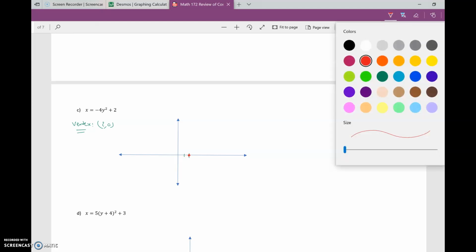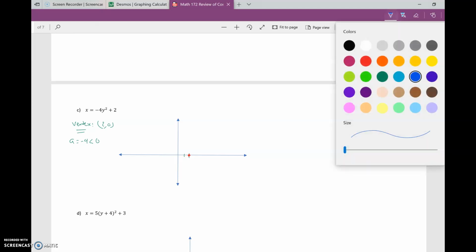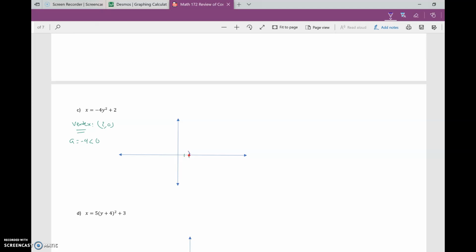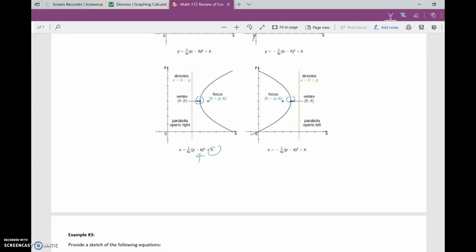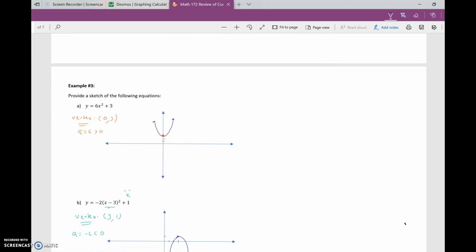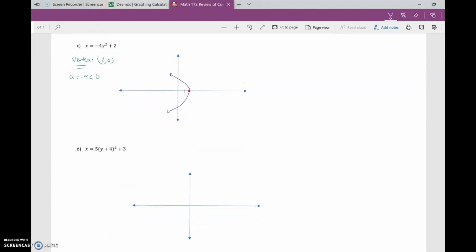Then the other important coordinate point is the value of A. A is equal to -4, less than 0. So this parabola is actually going to open to the left. So it's going to open in this direction. So it represents this one, because you technically have a negative there. That's it for this one.